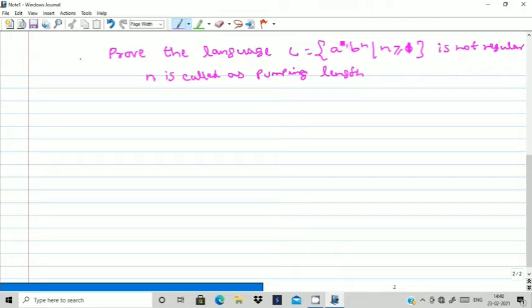Now I take a to the power of n, b to the power of n. Let us take n equal to 2.